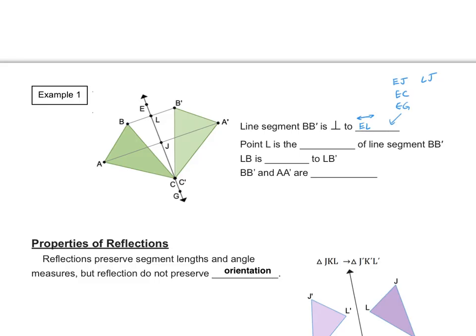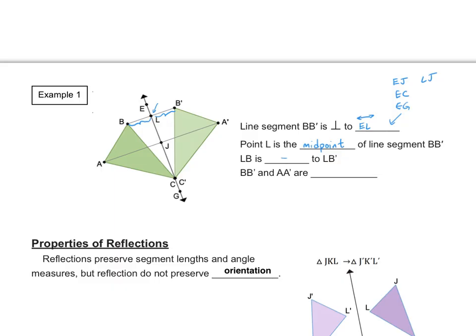Point L is the blank of the line B prime. Point L right here, you could call that the midpoint. And by being the midpoint, we know it also bisects that segment B prime. LB is blank to L prime B prime. Let's see here, LB is what to LB prime?